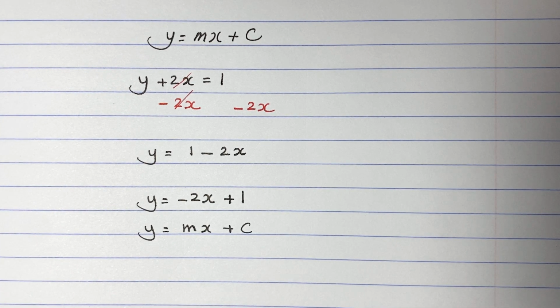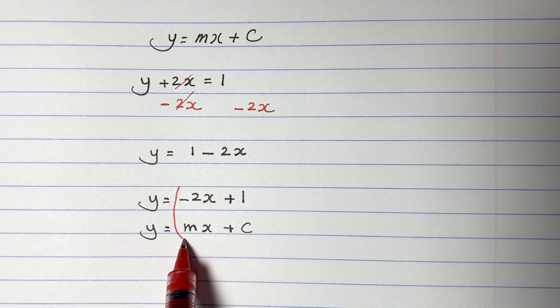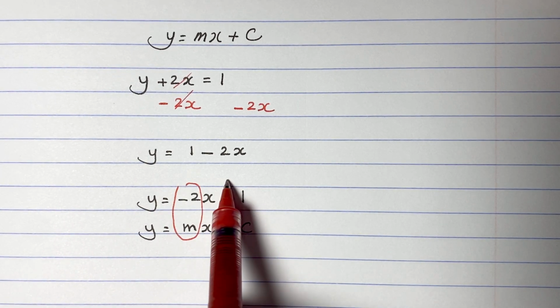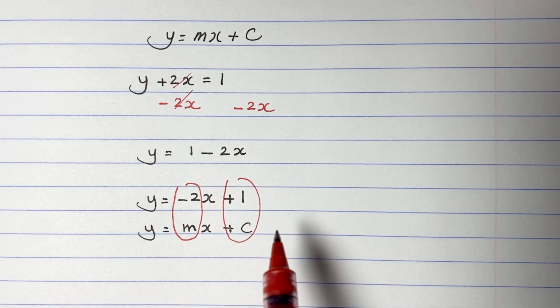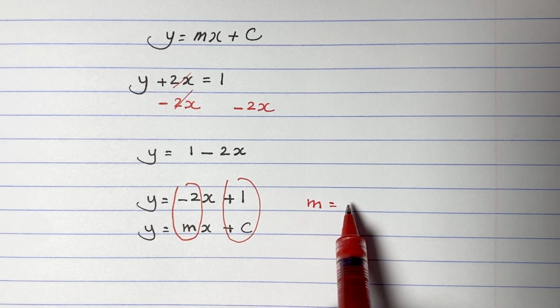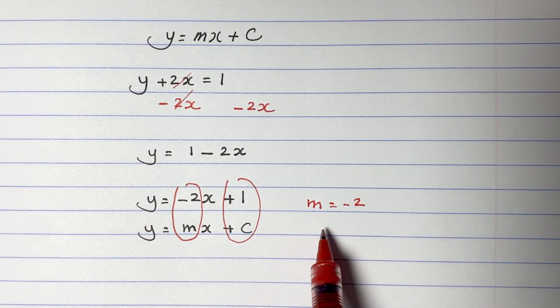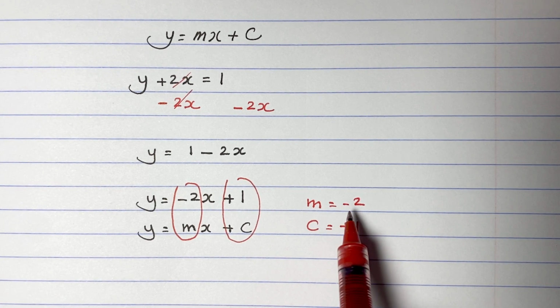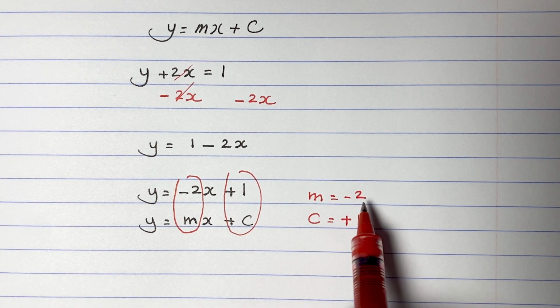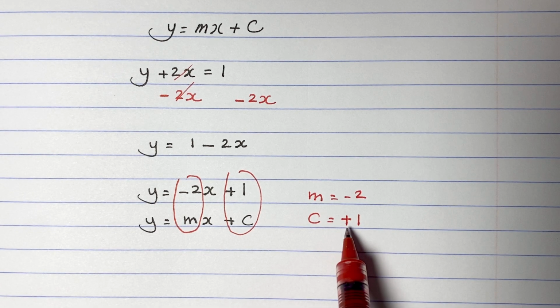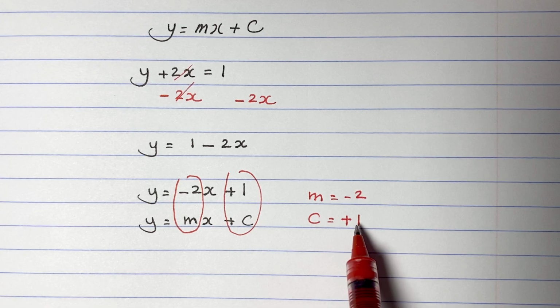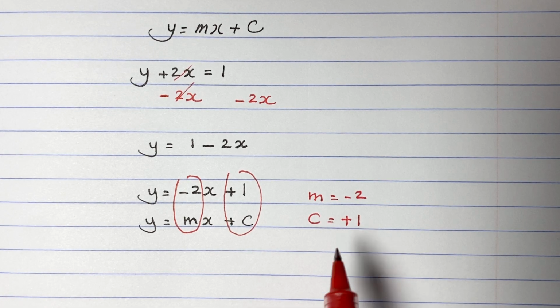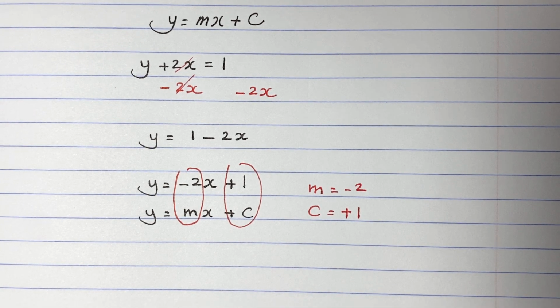This way you can spot now the value of m and value of c. So m of this line is minus 2 or negative 2, and c is positive 1. So the gradient is negative 2, and the line will cross the y-axis at y equals 1.